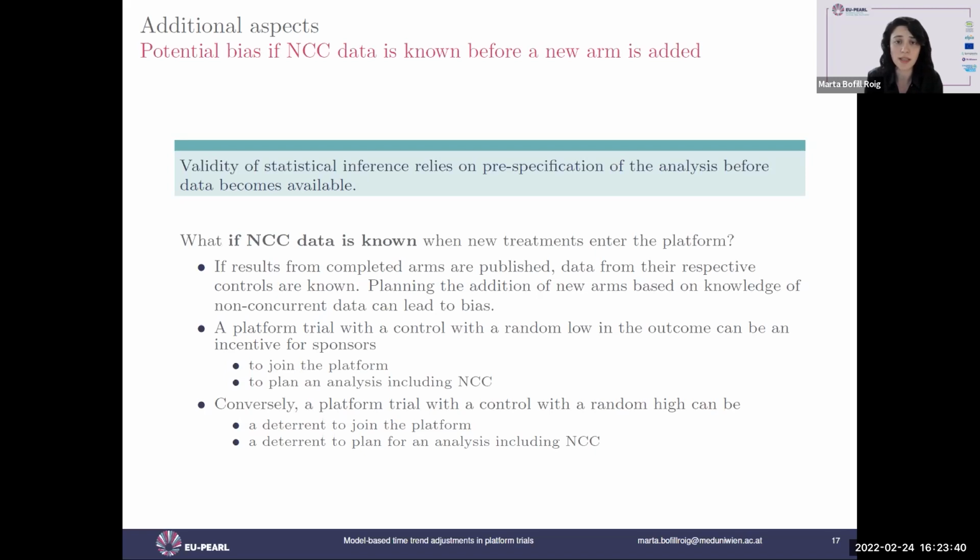However, in platform trials, the non-concurrent control data might be published or reported when arms are completed. As a consequence, the addition of new arms to the platform might be biased due to previous knowledge of how the controls are doing so far in the platform. Therefore, strategies to mitigate these biases should also be considered. Next slide.